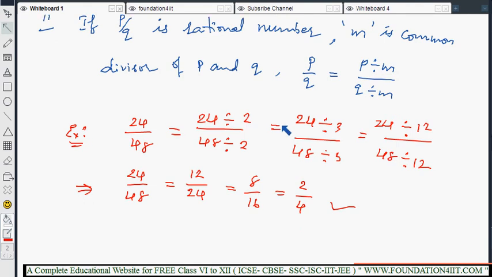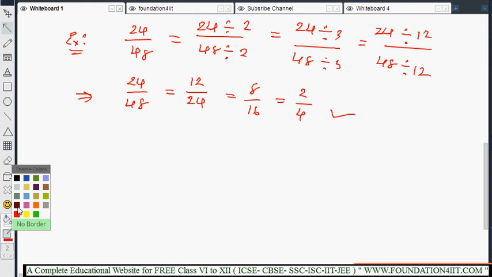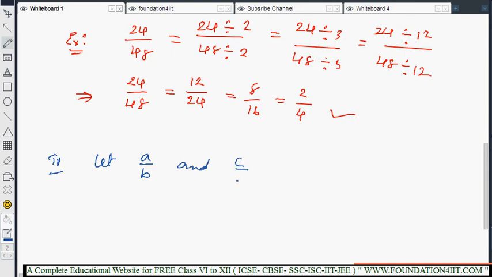One more property. Let's see the last property. The third property: let a by b and c by d be two rational numbers.